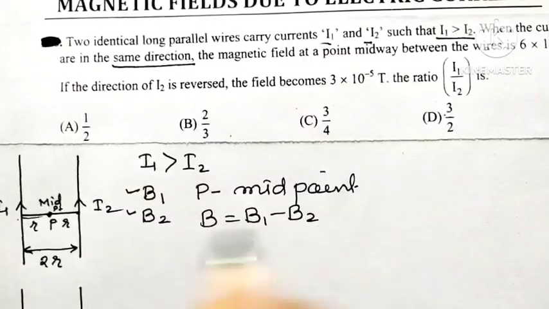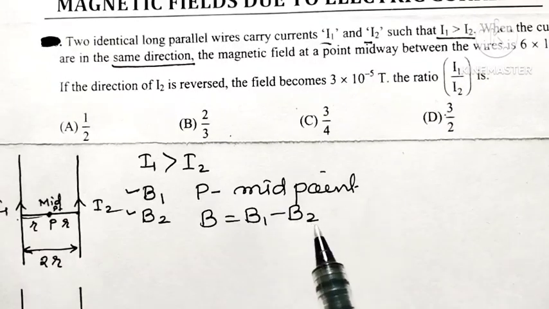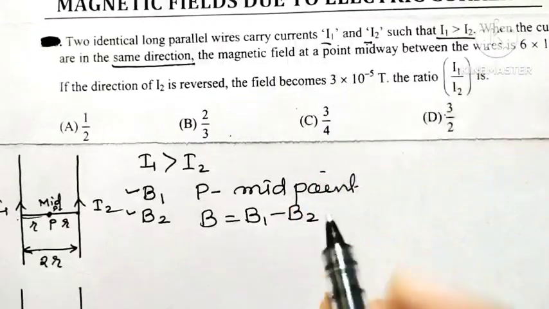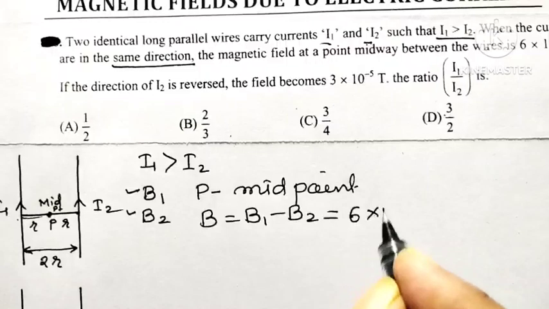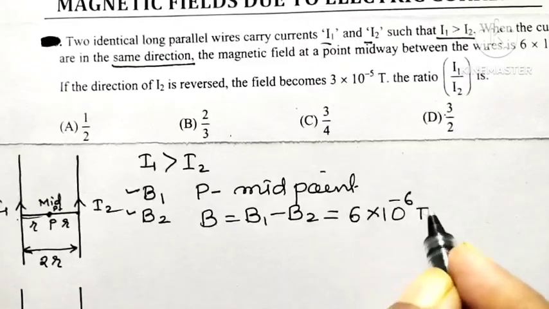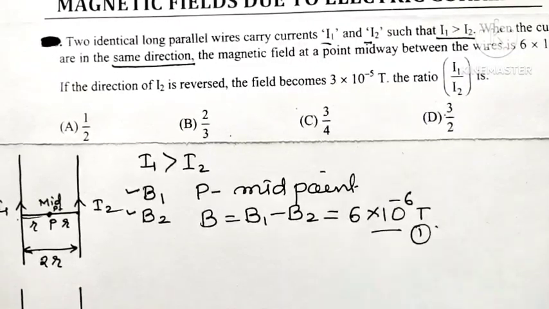Why is it so? Because they are carrying current in the same direction, so the two fields are opposite in direction. The net magnetic field B is given as 6 into 10 to the power minus 6 Tesla.